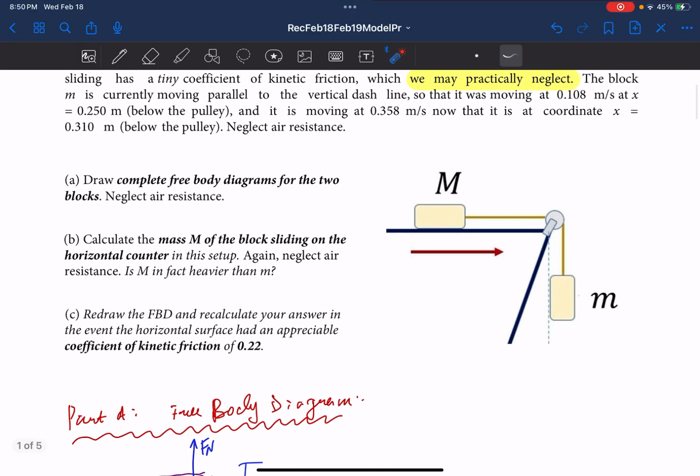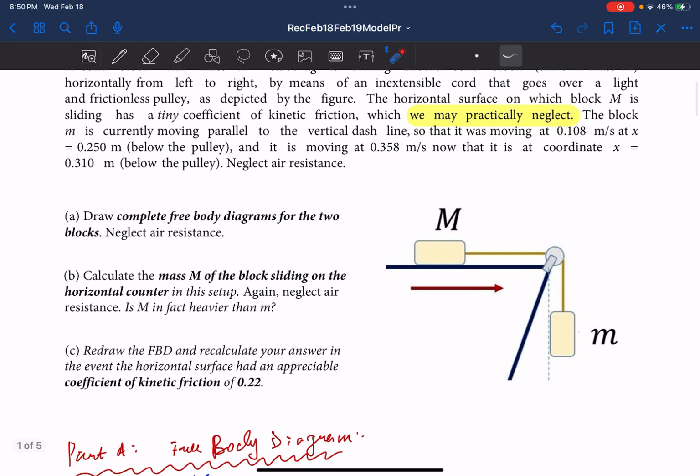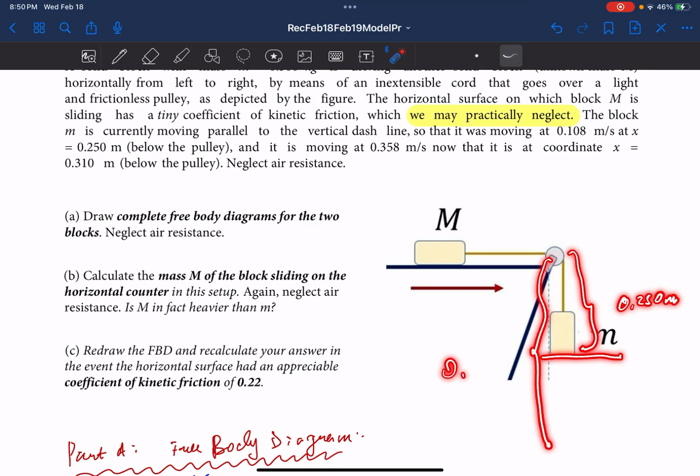So what's happening here is we have this pulley right here, and it's initially at a displacement of 0.250 meters below the pulley. And then this block ends up going down to 0.310 meters below the pulley.